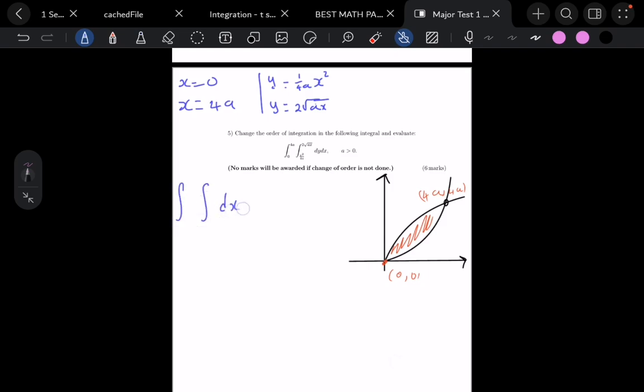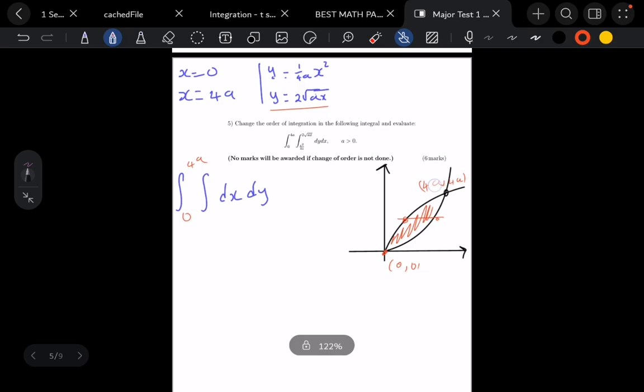So it's going to be dx dy. Your y will start from 0 to 4a. Your x will start from this graph in terms of x. So we need to rewrite that graph in terms of x.